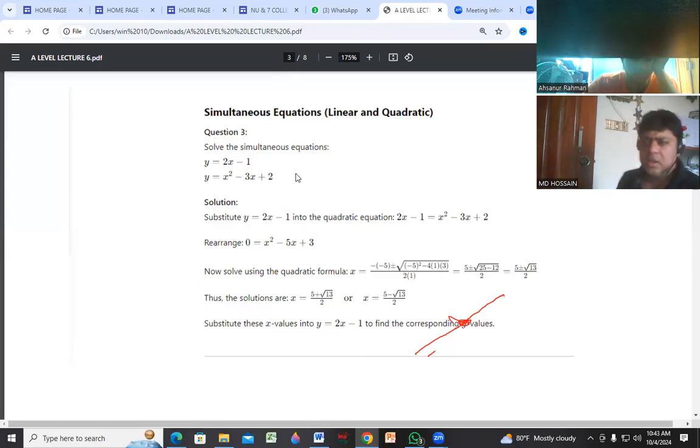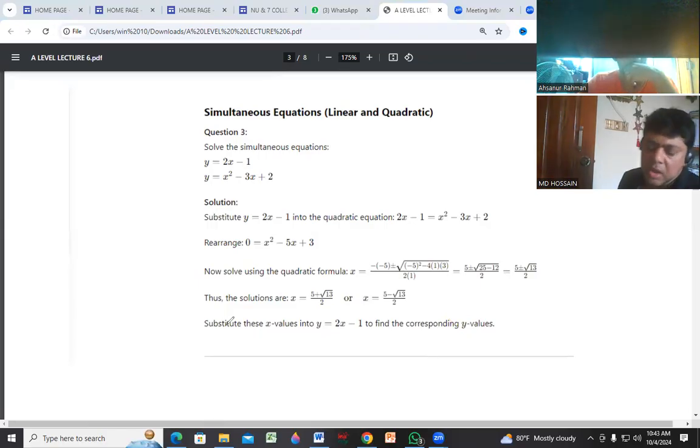In this case, how do we know that this is the simultaneous equation, linear and quadratic? You should understand that there will be the value of one variable only. Which one is that one variable? Here, x.